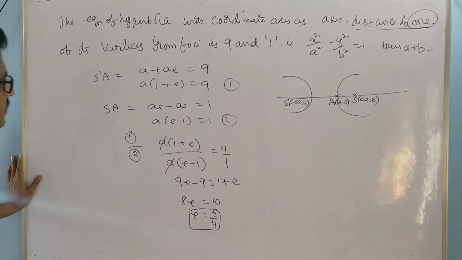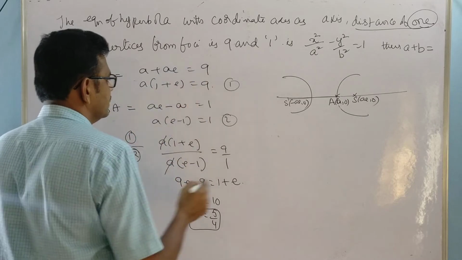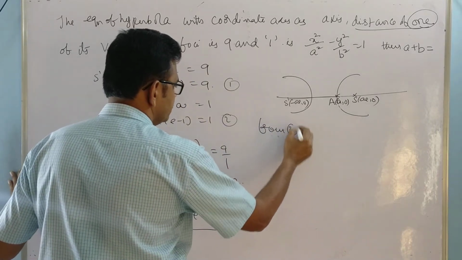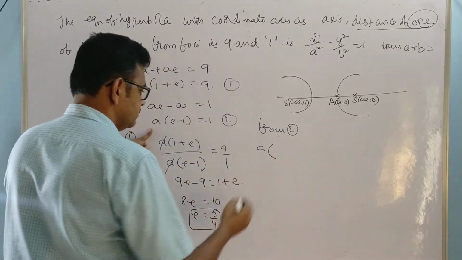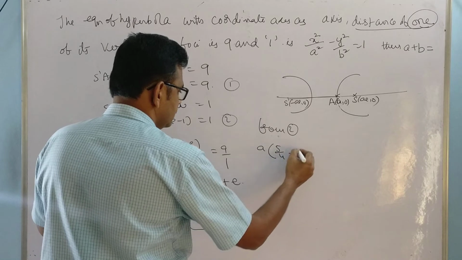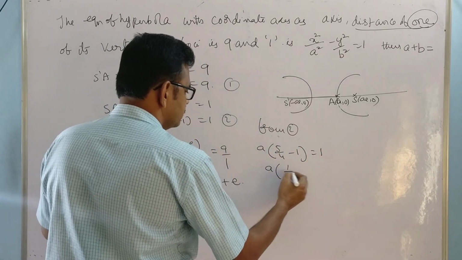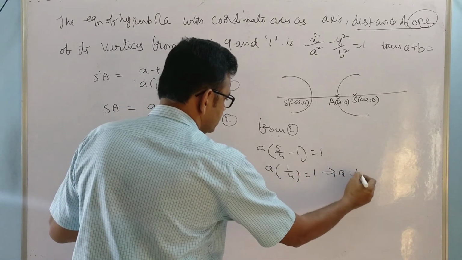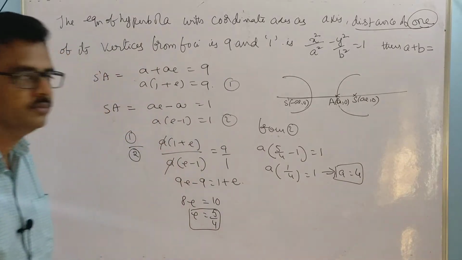From anyone you can take this or this. From 2, a into e minus 1, 5 by 4 minus 1 equal to 1. So this is 1 by 4, a by 4 is equal to 1, implies a is equal to 4.